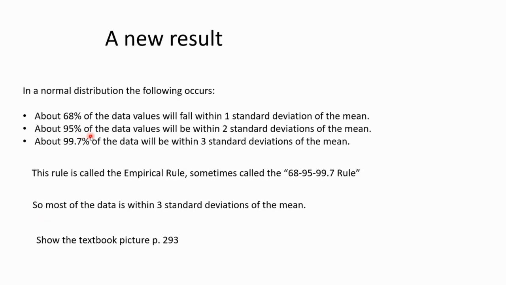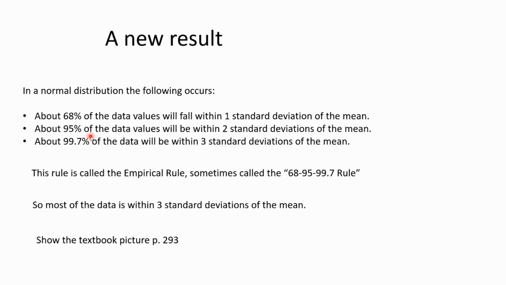Here, in a normal distribution, what they're saying is about 68% of the data values are within one standard deviation of the mean. In other words, if you're at the mean of the normal distribution, we'll see some graphs. We saw some graphs last time.